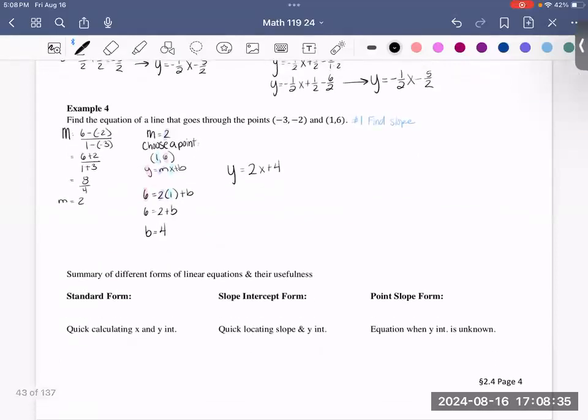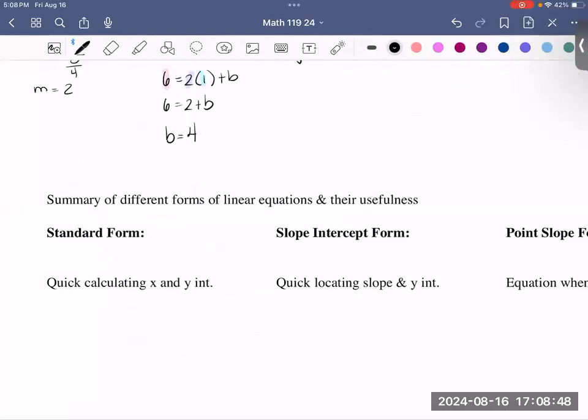And there you go. So in summary, we do have different forms of linear equations. They are all used for different things. Standard form, ax plus by is equal to c, is used for quick calculations for your x and y intercepts.